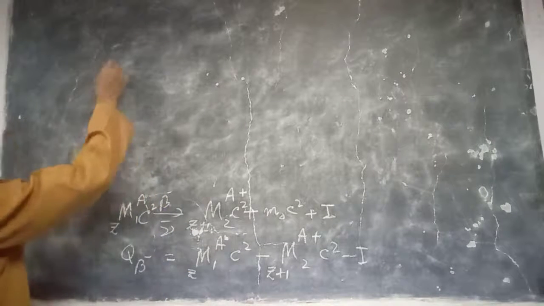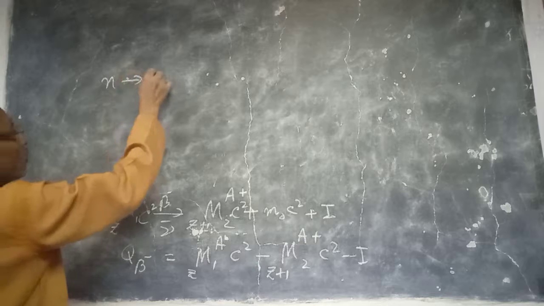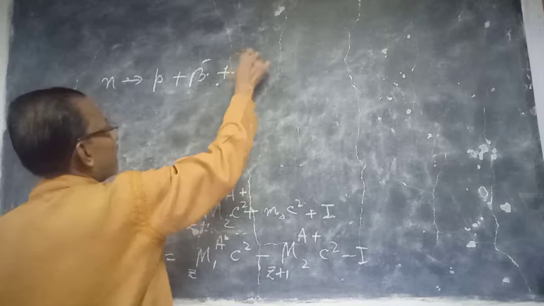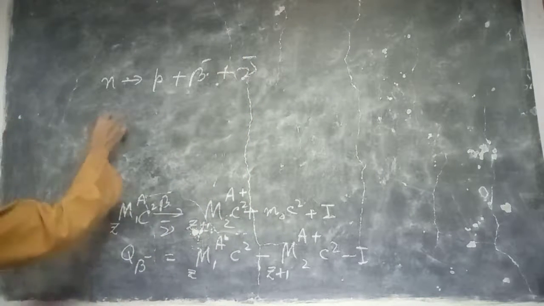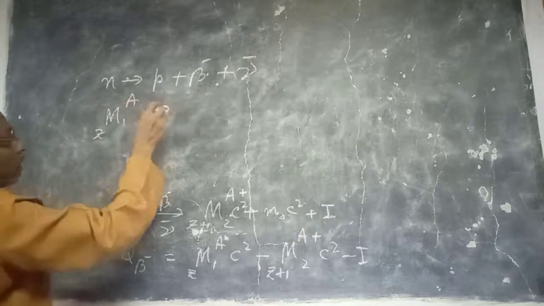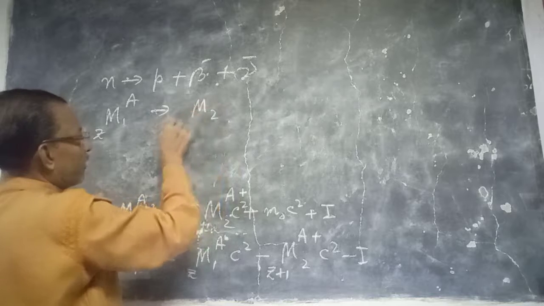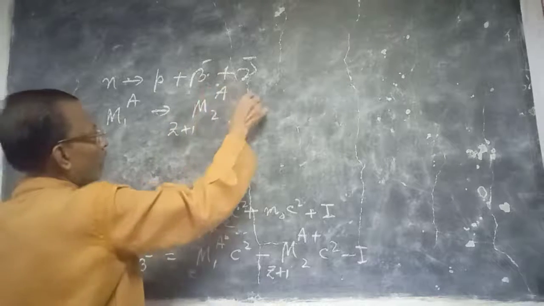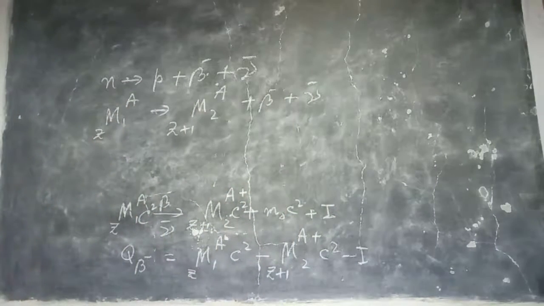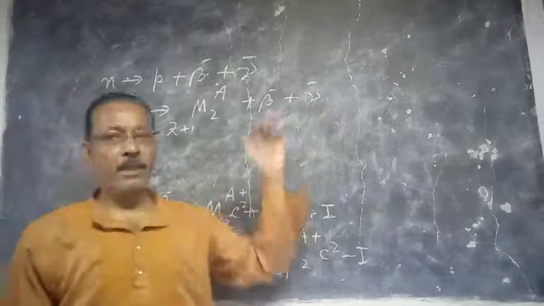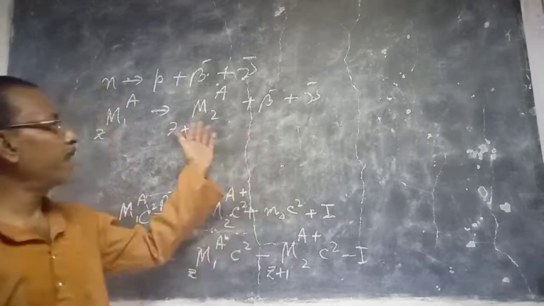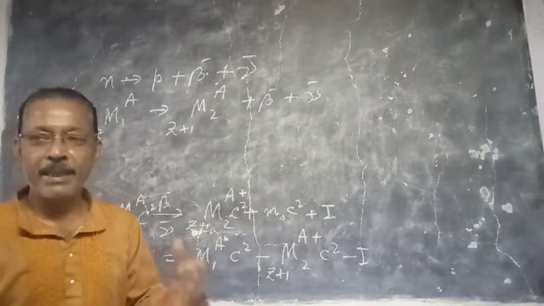So here a large number of neutrons are converted into protons plus electron plus antineutrino. So after transition, in which state will they go? They may go to any available accessible final energy state.